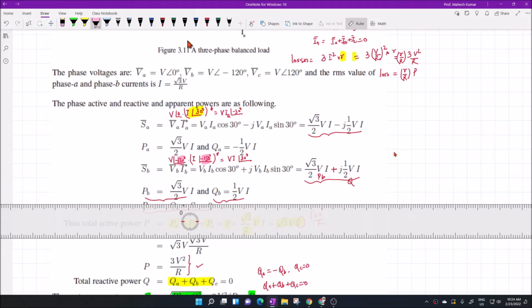So if you look from the supply side, you will see that phase A behaves like a capacitive circuit or capacitive reactance. And if you see B phase, it behaves like an inductive reactance or inductive circuit. So capacitive circuit and inductive circuit.